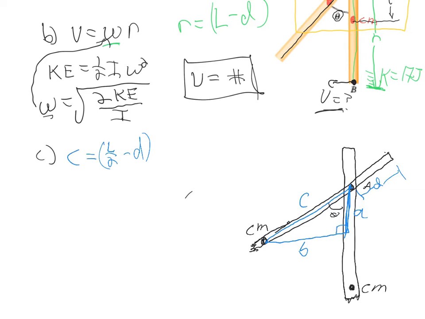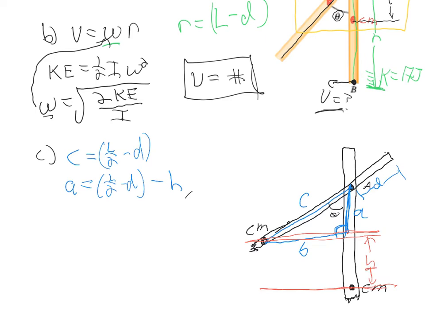We know this is a 90-degree angle, it's a right triangle. So the question is, what is A? Well, if we look here, we can see that our center of mass increases in height a distance of h. And A is actually just going to be equal to C, which was L over 2 minus D, minus h, this height here that the center of mass changes.